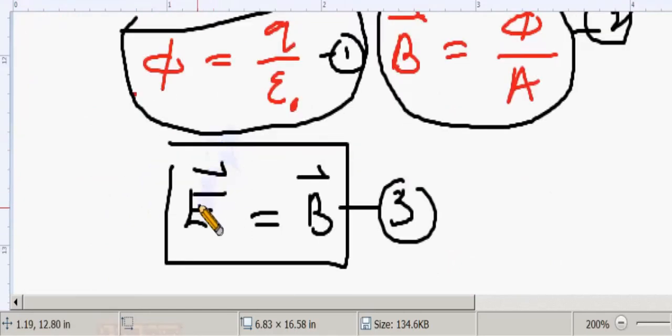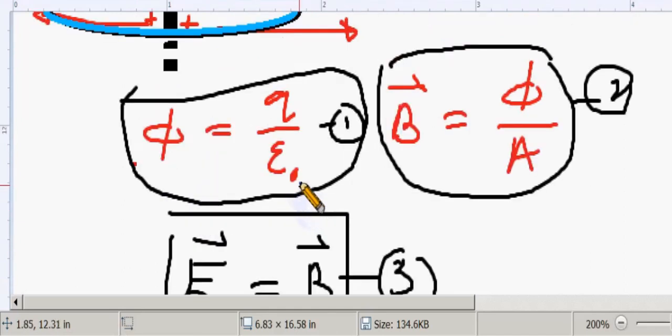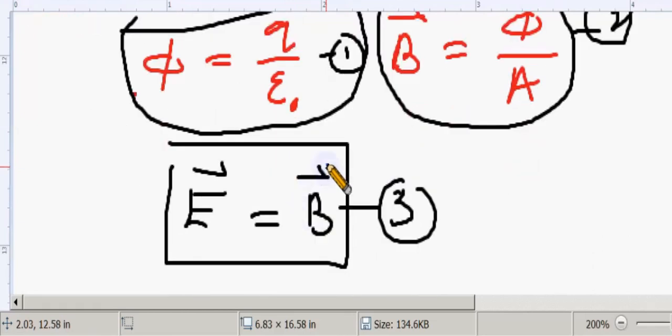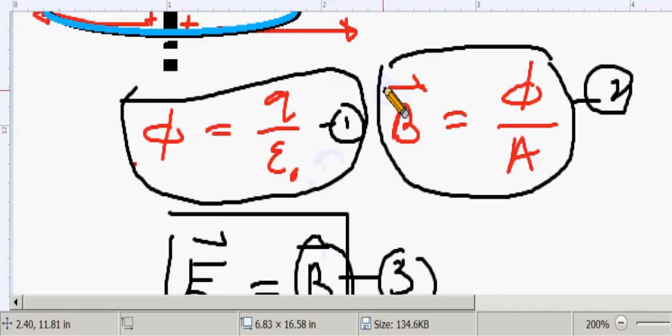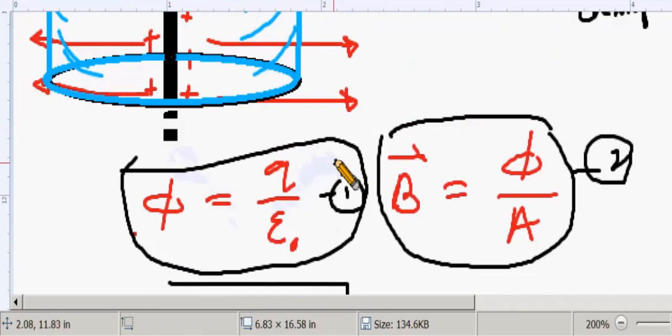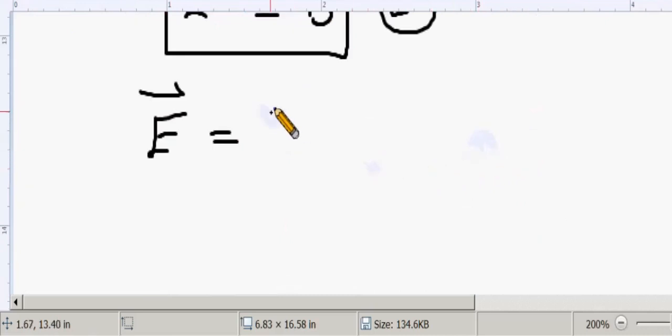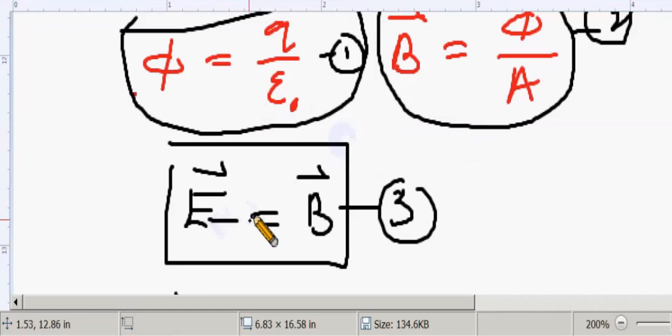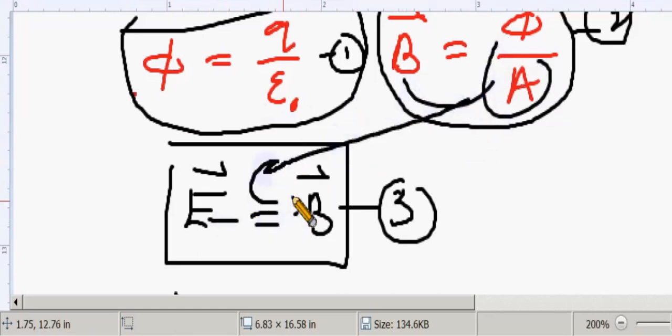Since E equals B, we need E. So instead of E, we can use B. That is the idea of this third equation. B is this one, phi divided by A. So we can write it like this, phi divided by A, because E equals B, B equals this one. So this one must equal to E directly.